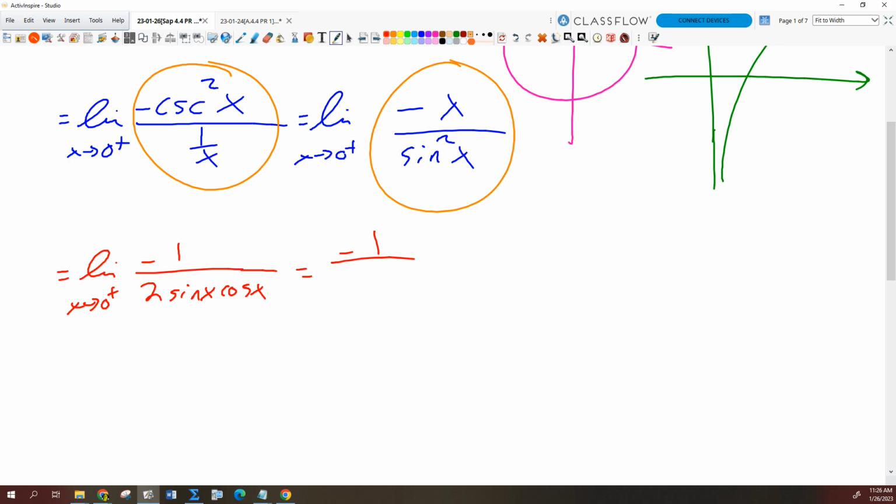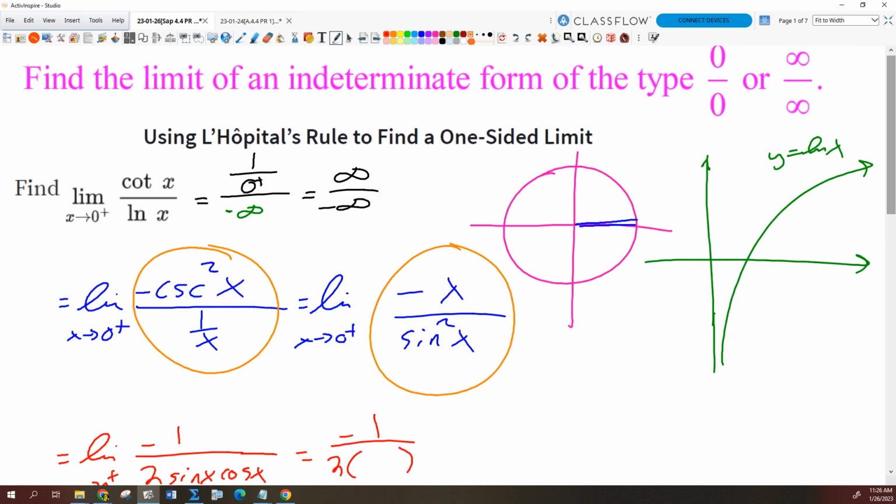So I'm going to get, on the bottom, I'm going to get 2 times, what's the sine of 0 plus? This is good review because we're doing limits, infinite limits here. What's the sine of 0 plus? 0 plus, right? Everybody agree? That's 0 plus.